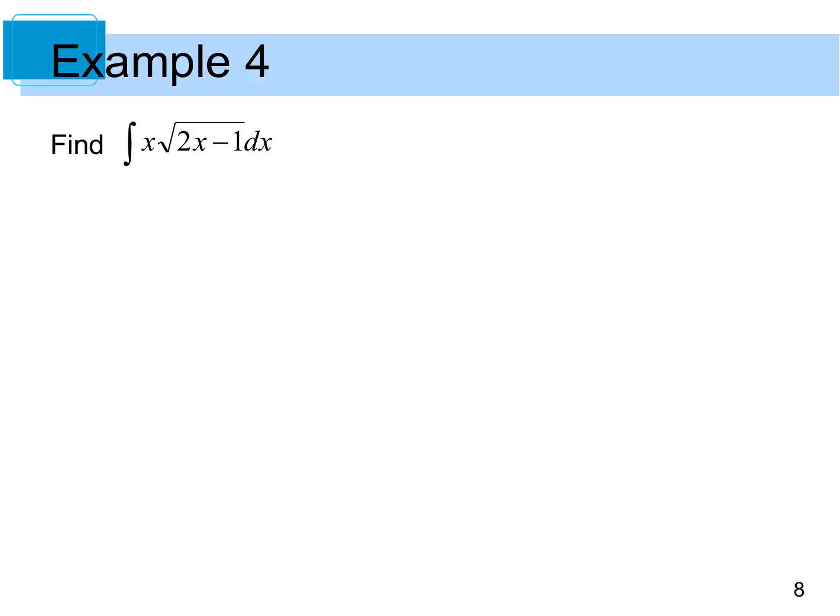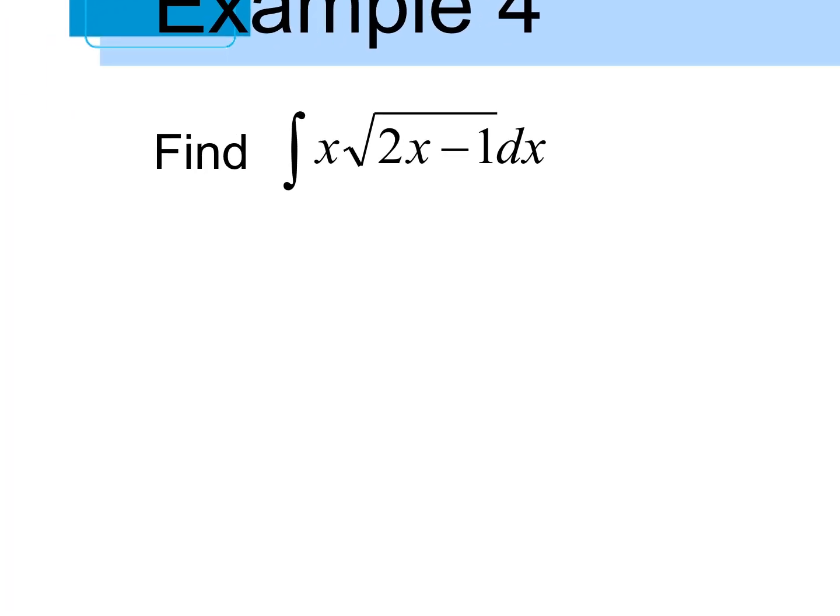All right, so on Friday when we started the notes for 6.5, we found what u should equal, which is typically our inside term, and then du is just the derivative of that. Example 4, you'll see once we start, it doesn't match up exactly when we substitute in our u and du. So let's take a look. We are going to say that u is equal to what?